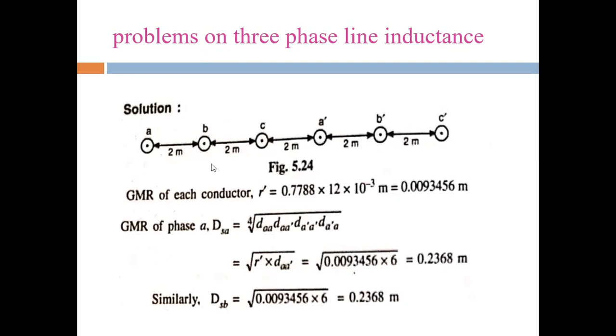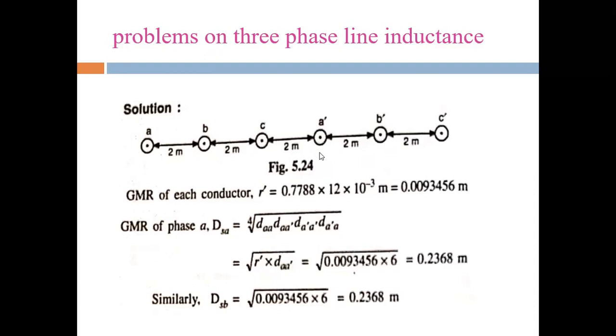The distance between A and B is 2 meters, B and C is 2 meters, C to A dash is 2 meters, A dash to B dash is 2 meters, and B dash to C dash is also 2 meters. This is the given question.